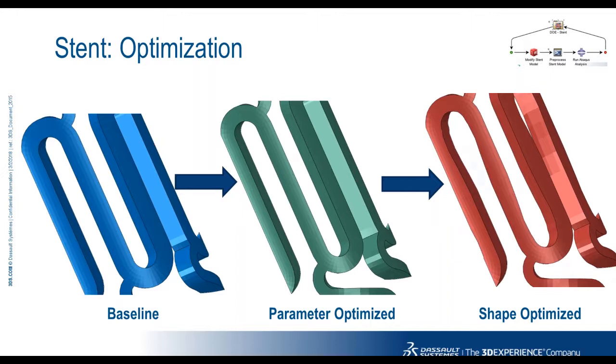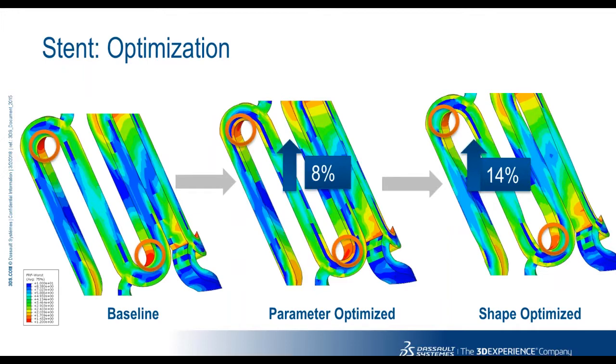And you can see here that parametric optimization was able to increase fatigue life by 8% over the initial or baseline design, while a shape optimization was able to further increase fatigue life to 14%. It should be clear that multiphysics simulations combined with optimization capabilities can be very beneficial to all sorts of medical devices and equipment.